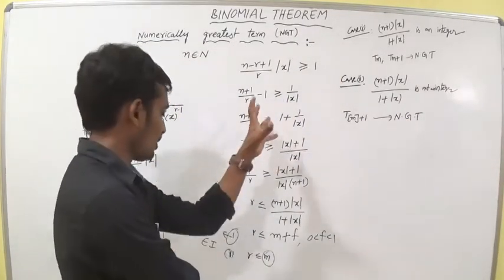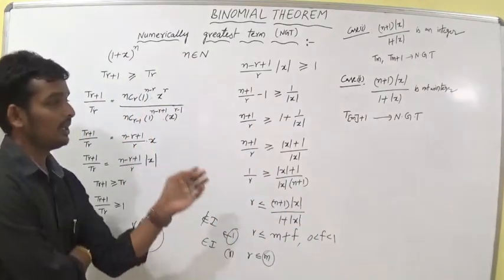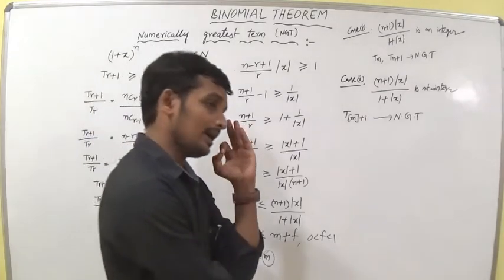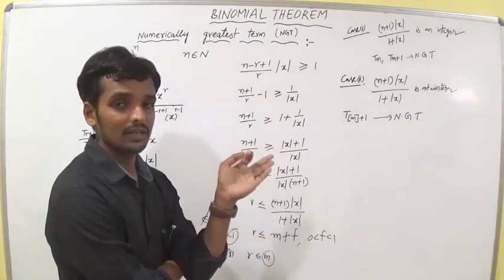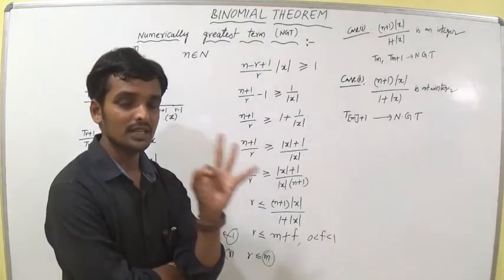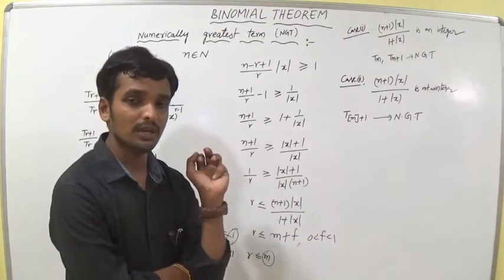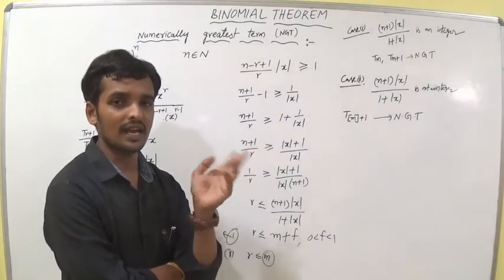We have to note down the notes very carefully. When we are writing the notes, keep eye and brain on this problem, then write. Simply, there are 2-3 points to memorize. The first point is the formula for m: m is equal to (n plus 1) into mod x by (1 plus mod x). The m value has 2 cases.